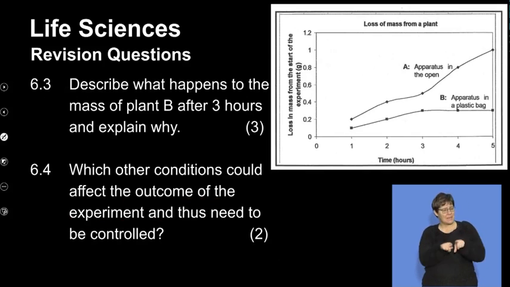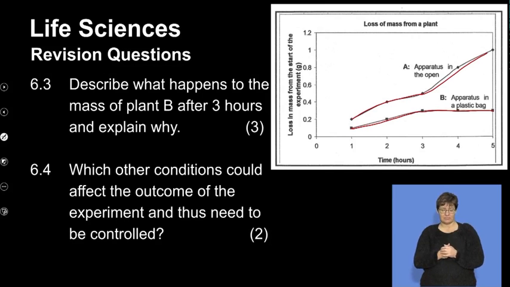The next question looks at the graph of the results, and it shows that A loses a lot more water than in situation B when it's placed in a plastic bag.